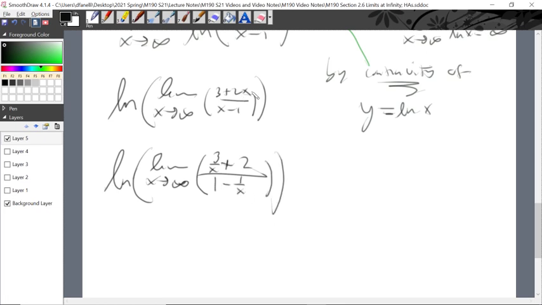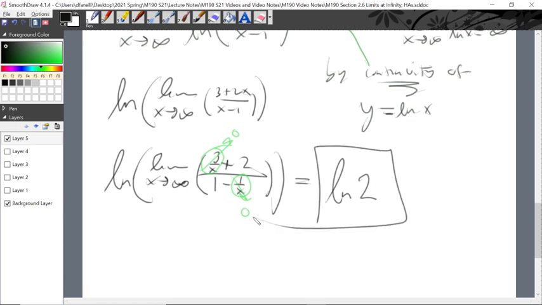Now we can run the limit: 3 over x as x goes to infinity is 0, and 1 over x is also 0. The constants remain constant. So we end up with the natural log of 2 over 1, in other words the natural log of 2, which is a finite number.